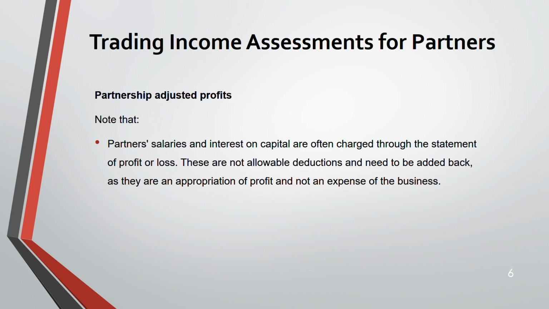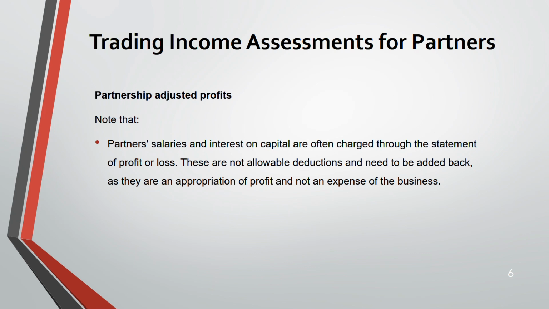And note that partners' salary and interest on capital are charged through the statement of profit and loss. Okay, they come in the profit and loss. That's why, because they are not allowable deductions and you have deducted them. See, already you have deducted partners' salary and interest on capital to arrive at the accounting net profit. But they are not allowable deductions for the purpose of tax.